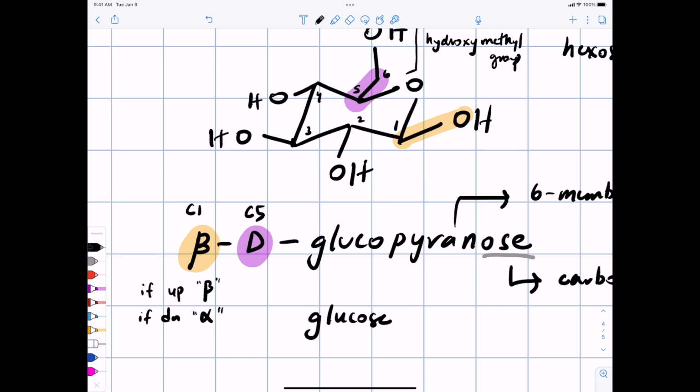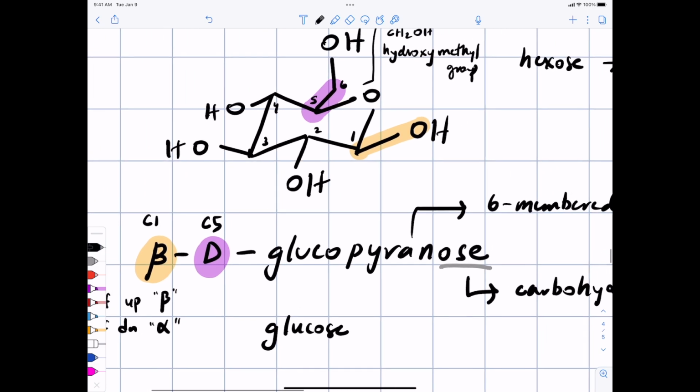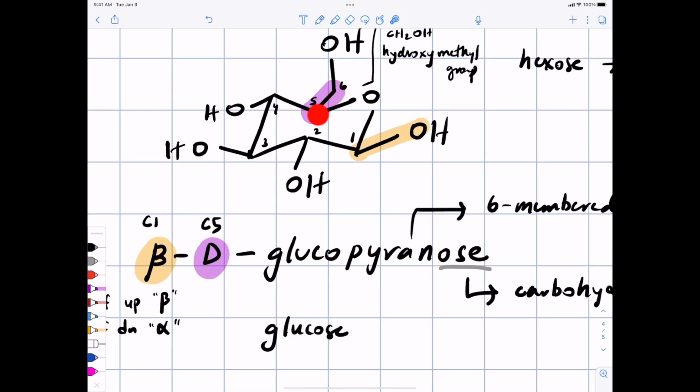There is no correlation between R and S versus D and L. There's also no correlation anymore between D and L and whether it rotates light in the left-handed direction versus the right-handed direction. So it's sort of an arcane term, but D means that the hydroxymethyl group on carbon 5 is up.